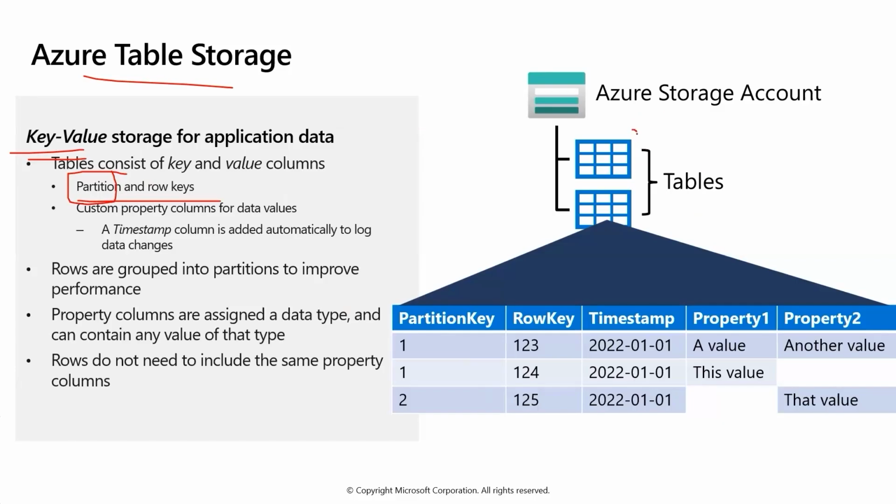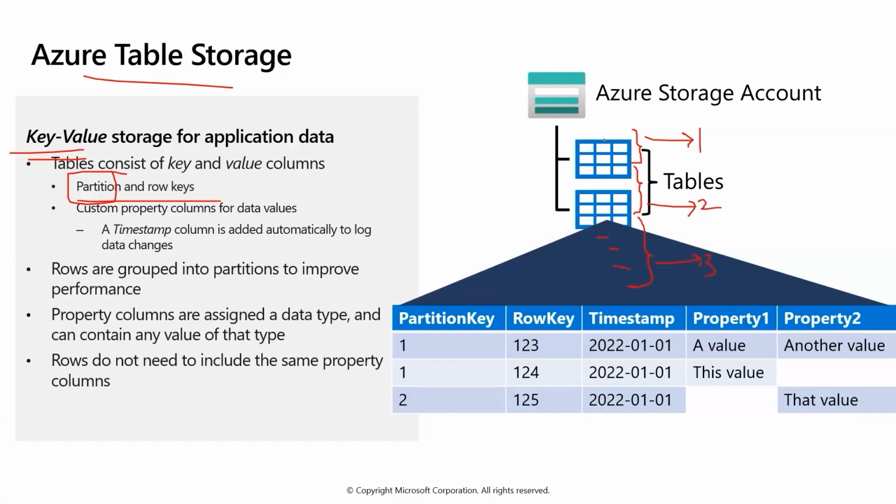Let's say these records are all related, so I will create a partition for them. Later on, I realize these records are related, so I will create a partition for them. And any further records that are related, I will create a partition for them. Each partition will have a partition key. This is partition number 1, this is partition number 2, and this is partition number 3.